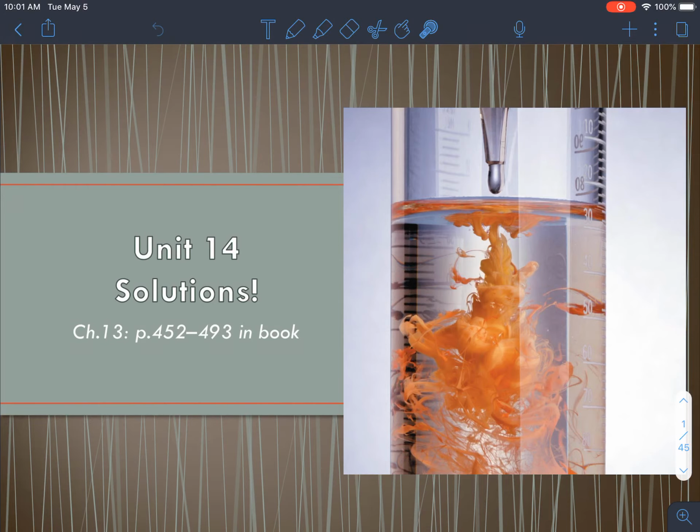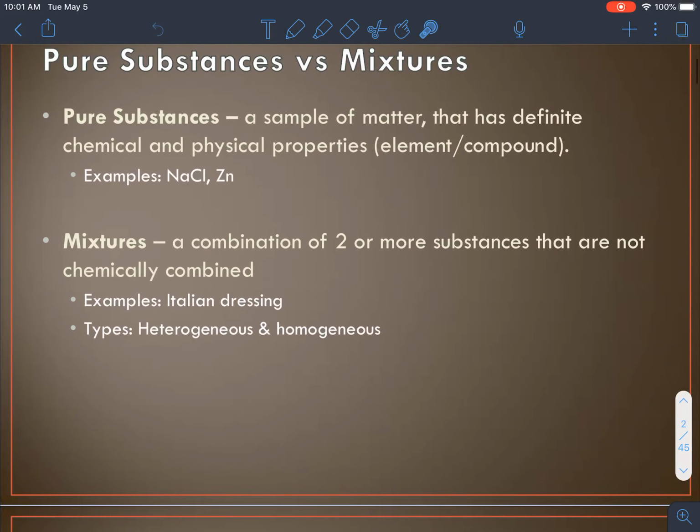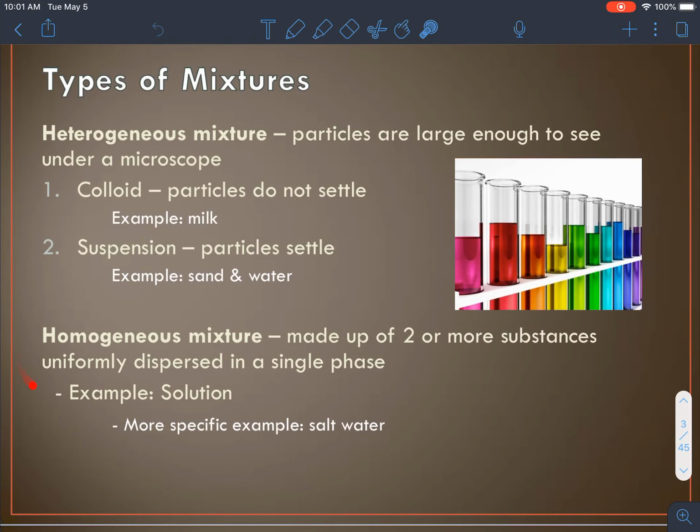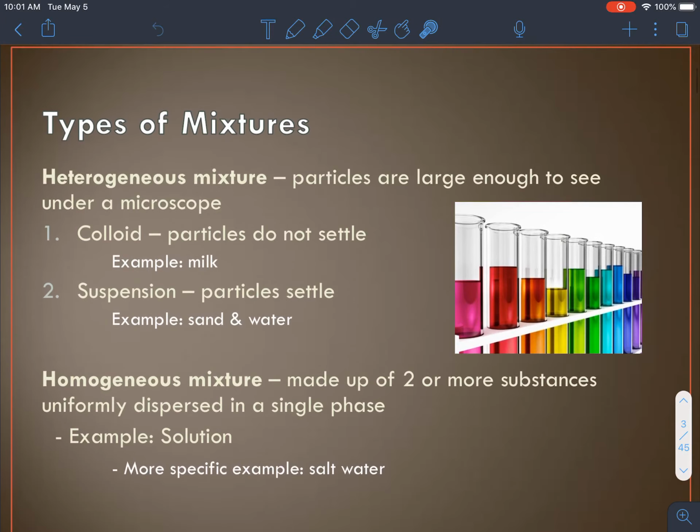Now remember, a solution is a homogeneous mixture, which means it has two or more things mixed up and you cannot see the different parts with your bare eyes or with a microscope. On the other side of that, you can also have a heterogeneous mixture like sand and water or milk or dirty water, and you can see the different parts, okay?